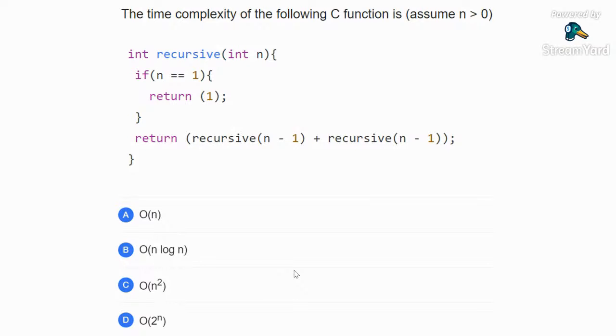See, one hint is there. You can solve these questions without looking at this particular function also. How can you solve this?